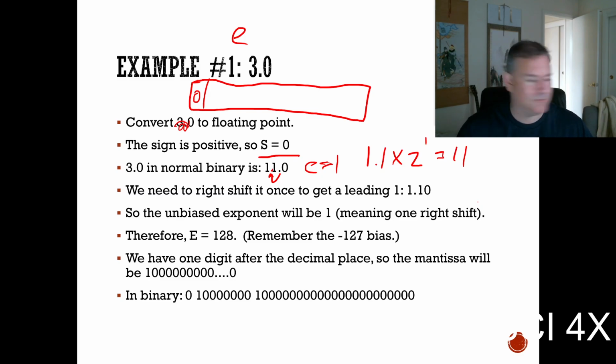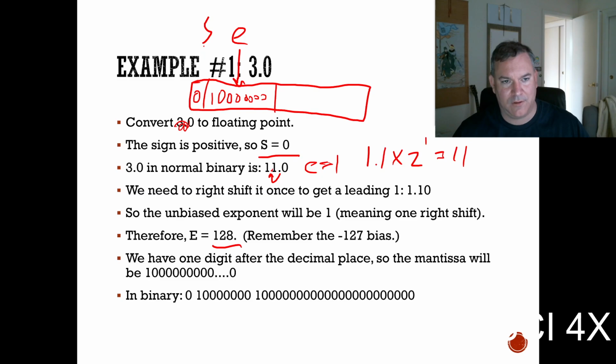Okay. You guys with me so far? Okay, so with the exponent of 1, we add 127 to that, and we get e is equal to 128. So the bit pattern we write down there is 1 followed by 7 zeros. Okay, so the exponent section looks like that.